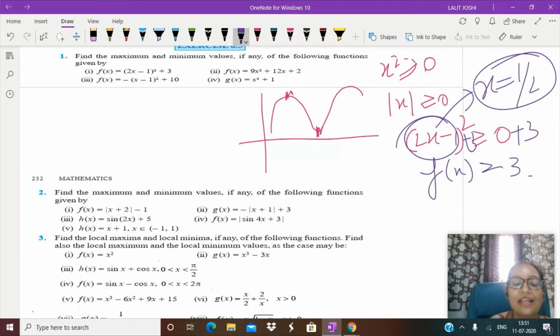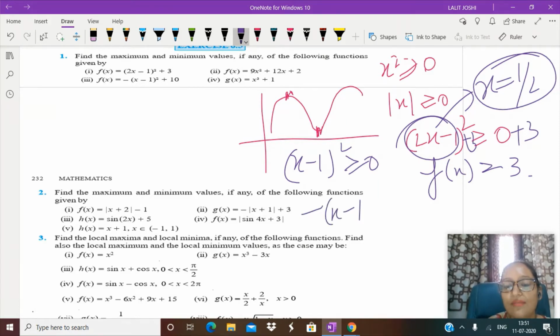Similarly, I can do the third part. For the third part, I'll just write x minus 1 whole square, I know, is greater than or equal to 0, right? Then if I put a minus sign on both the sides, what happens? It will be less than or equal to 0. We know the inequality sign changes when we multiply by the minus sign, right? Now, we will add 10 on both the sides.